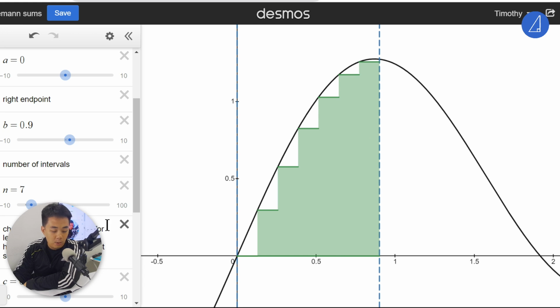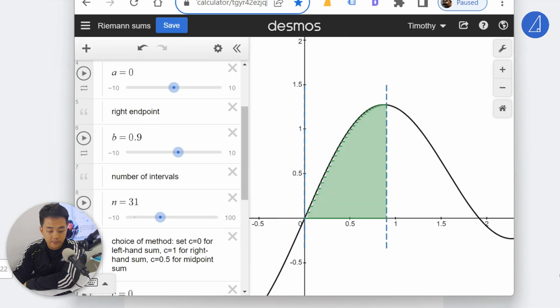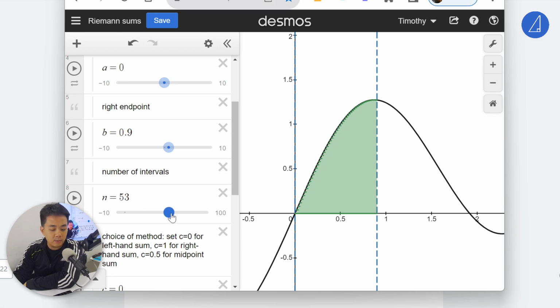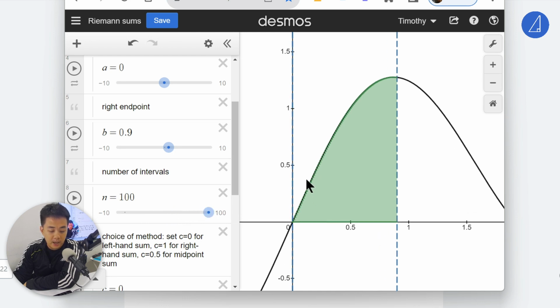But if you increase the number of rectangles, it becomes closer to the actual area. You must imagine that if you take more and more, it's actually playing with large numbers, the limits. You sum all the way to infinity, and it becomes the area itself.